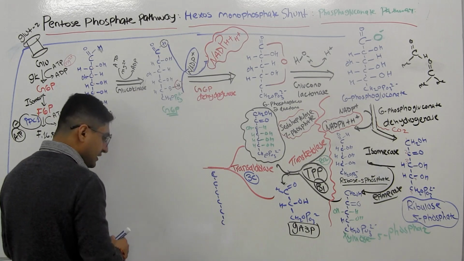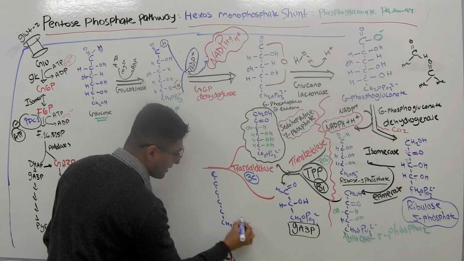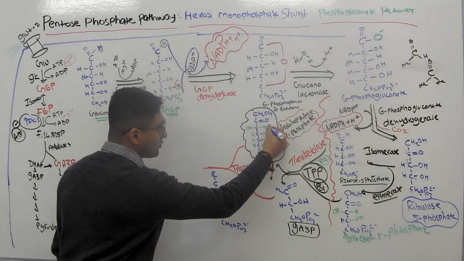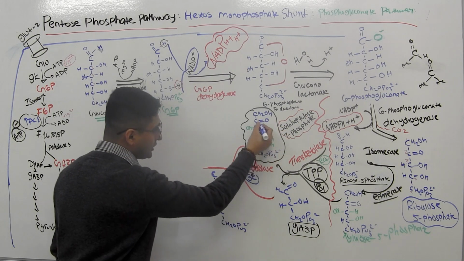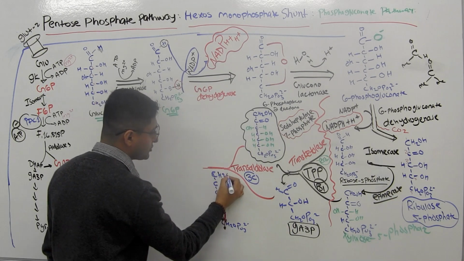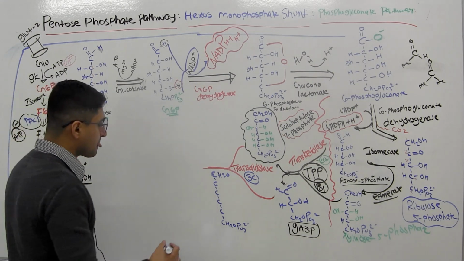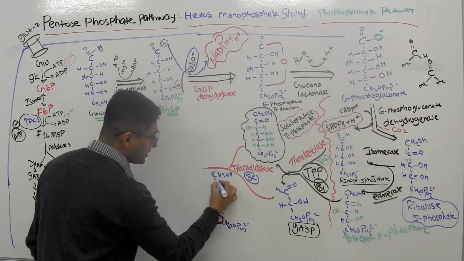Remember, guys, again, CH2O, and then PO3 2 minus, right? And because I donated the ketone group from this to here, this is going to be my CH2OH, obviously the ketone group right here, right?